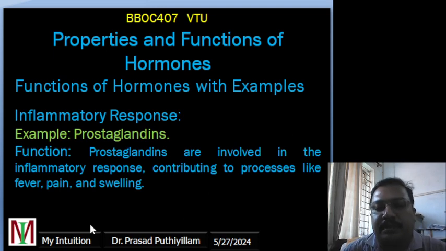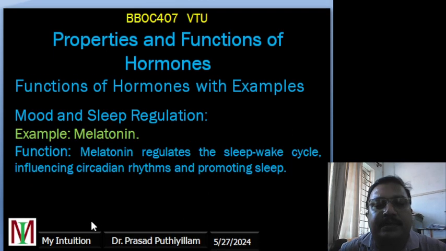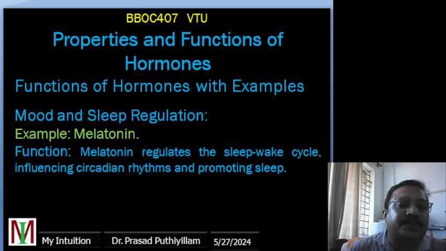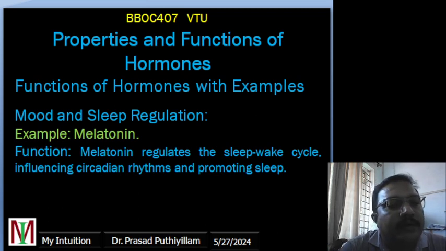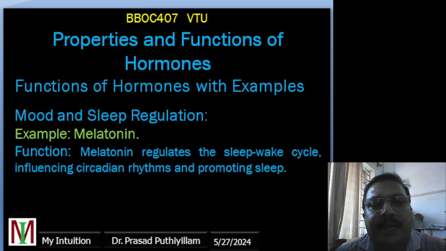Last topic, I think, mood and sleep regulation, almost the last topic. Mood and sleep regulation is done, for example, by melatonin. Melatonin is a hormone produced by the pineal gland, which regulates the sleep-wake cycle and the circadian rhythms.